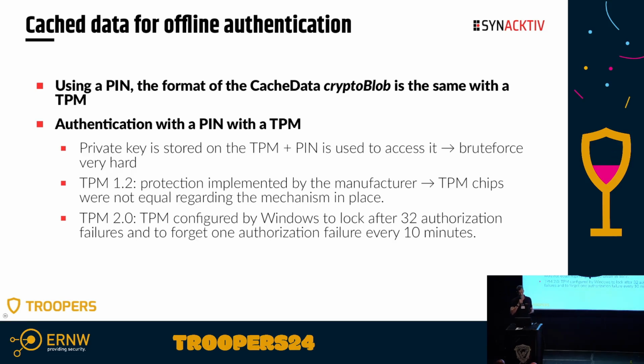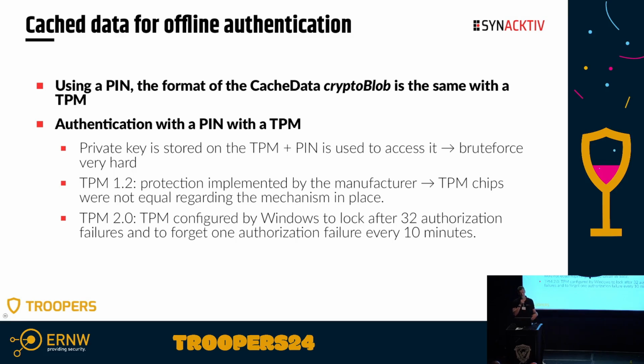So nowadays there are two main implementations of TPM. With TPM 1.2, the protection is implemented by the manufacturer, so all chips were not equal regarding the mechanism in place.